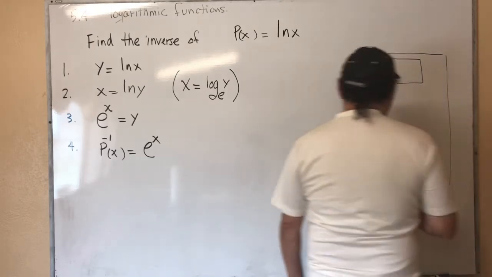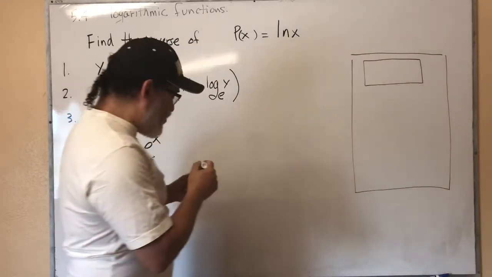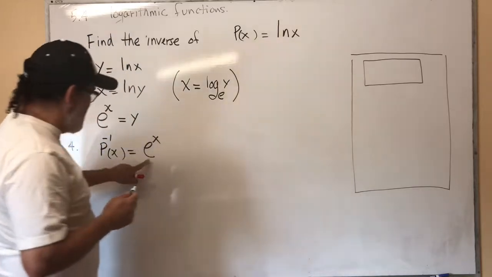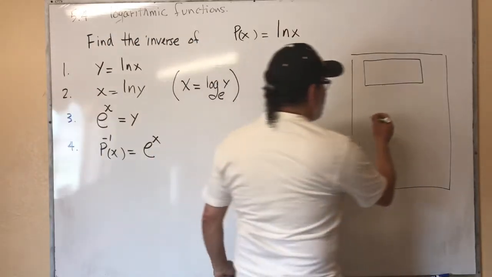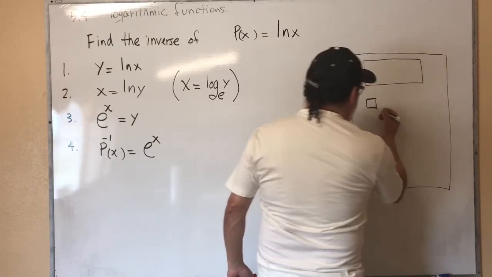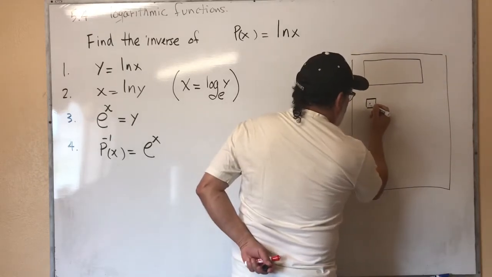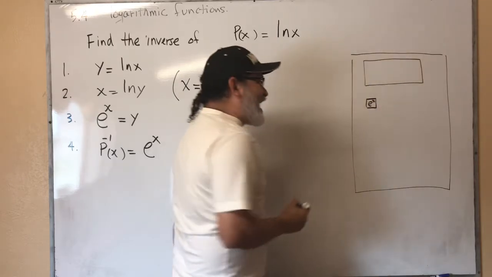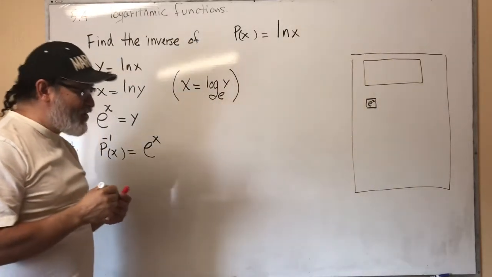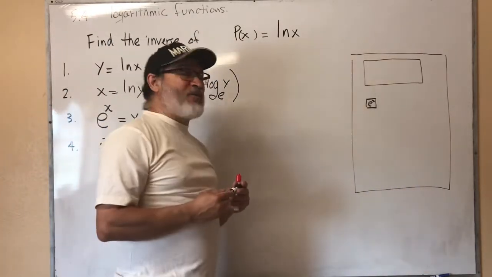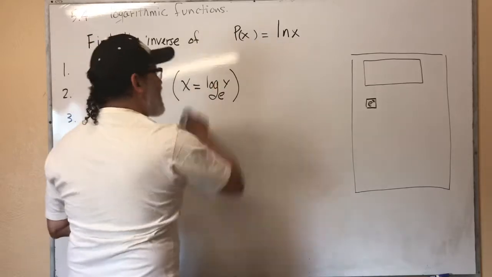Look for this key or this one. If this is what you have, e to the x, right up above you're going to find ln x.